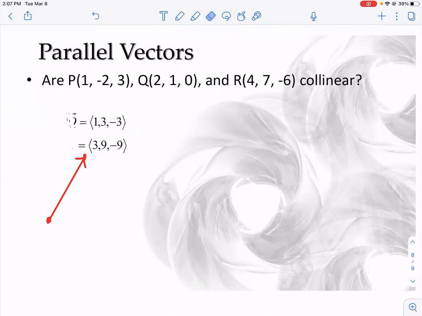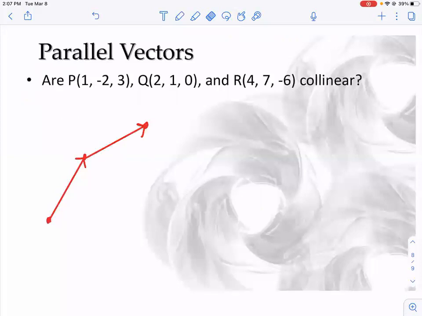But if our 3 points are in a line, then our vectors, whether they're going the same or opposite directions, are going to be parallel. So let's create 2 vectors out of these 3 points.